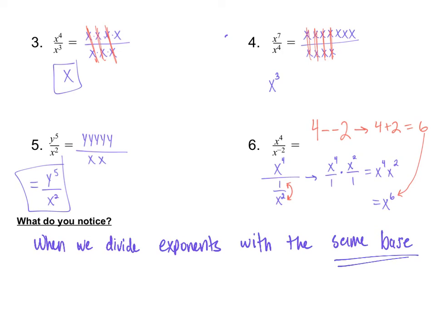Just like in number 5, we couldn't do anything because y is a different base than x. So when we divide exponents with the same base, we subtract the exponents. When we multiplied with the same base, we added the exponents. When we divide with the same base, we subtract the exponents. So they kind of go hand in hand.